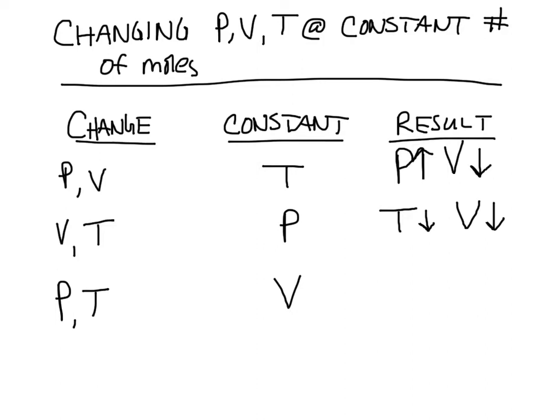So let's take something where the volume is going to stay constant, our pressure is going to increase, we're going to have more collisions, which is going to equal higher kinetic energy, which is a higher temperature. So if we increase the pressure on something, we're going to increase the temperature on it. Or if we increase the temperature, the pressure is going to get bigger because there are more collisions. So either way you look at it.